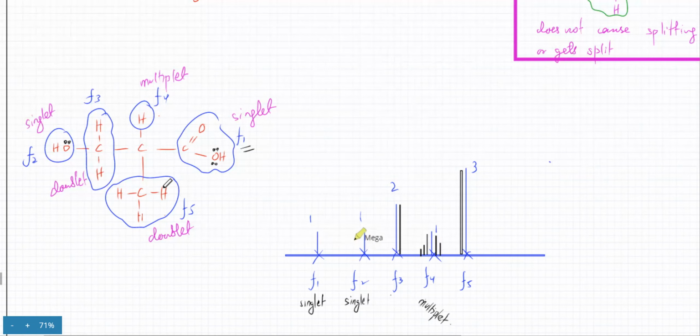So to make it constant in a way, you instead compare them with this TMS peak. Okay, this is known as a TMS peak. Just remember, chemical shift and frequencies are pretty much the same thing.